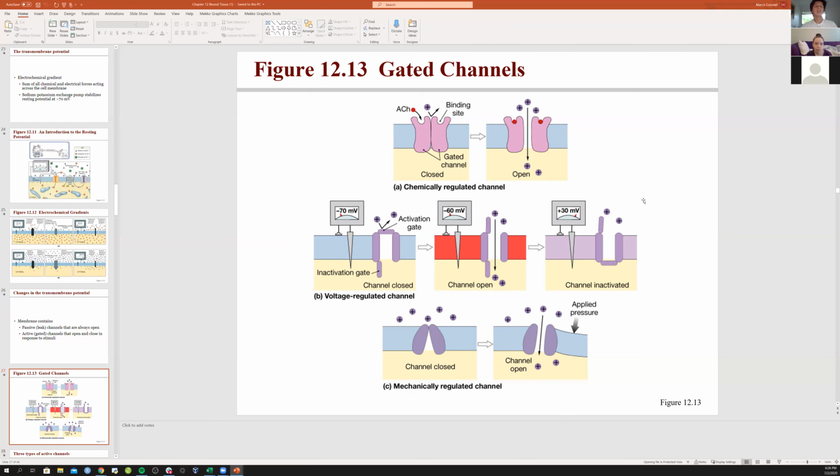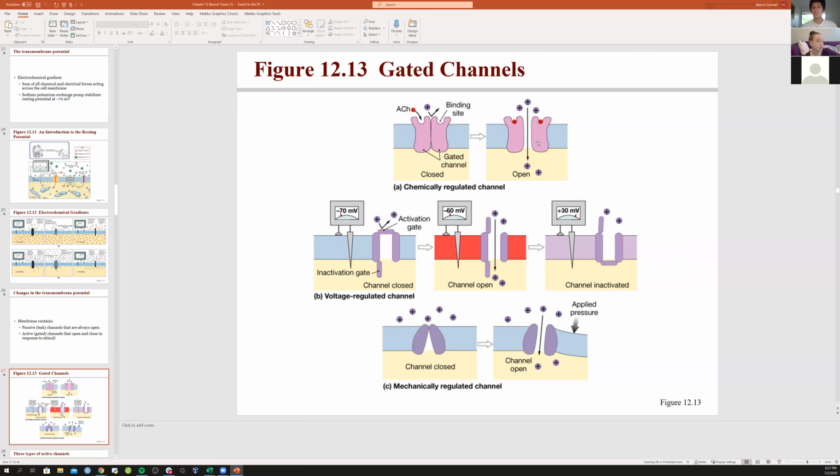Now, gated channels, on the other hand, unlike these passively leaking channels that are constantly leaking, require a trigger. Usually, this is the way a neurotransmitter works. Whenever a neurotransmitter binds to its receptor, it can lead to a change. In this case, the change is the opening of this acetylcholine channel.